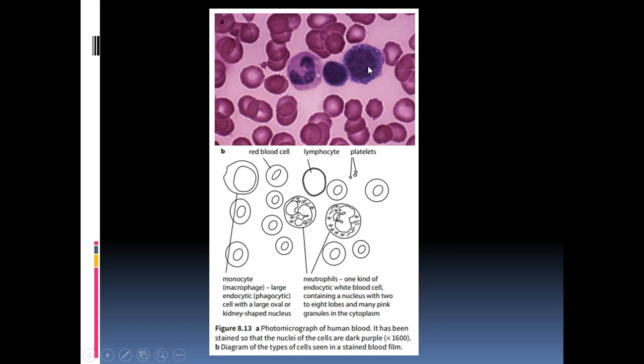Here, if I'm not mistaken, the one with the large nucleus here is the monocyte. The smaller one over here is the lymphocyte. And the one with the earlobe kind of nucleus is the neutrophil.